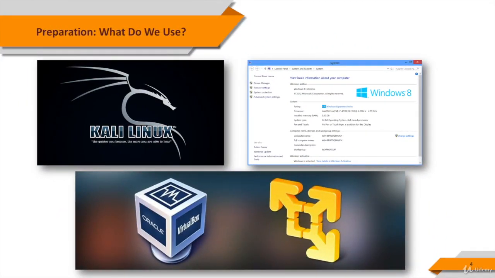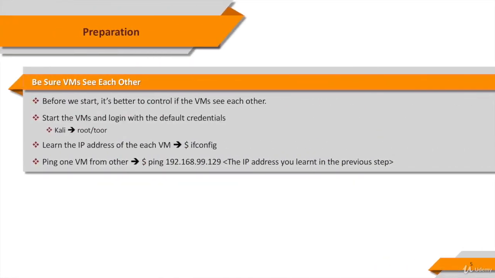Now, if you're using one of the VMware tools such as VMware Player, Fusion, or Workstation, using NAT mode for network interfaces will be enough for the virtual machines to see each other. If you'd like to use virtual machines in host-only network mode, please learn how the virtualization platform works in that mode first. Before we start, let's be sure if the virtual machines can see each other.